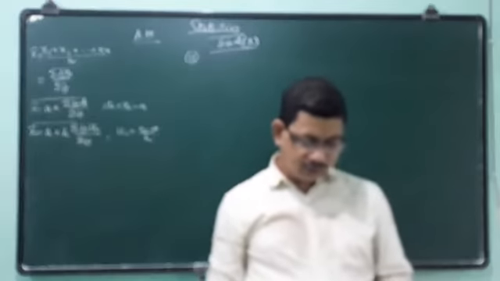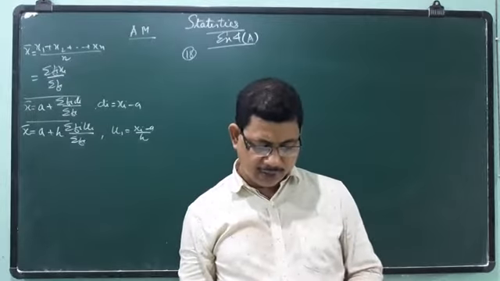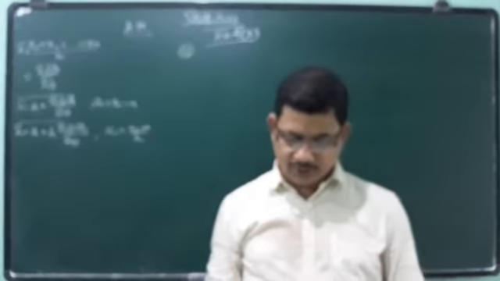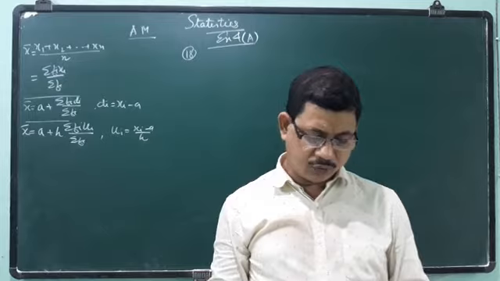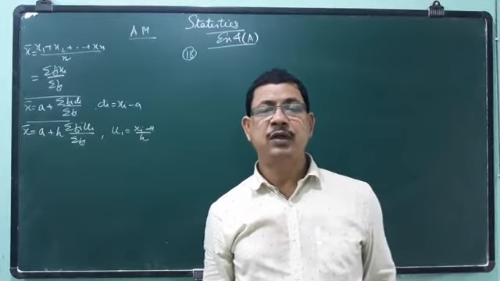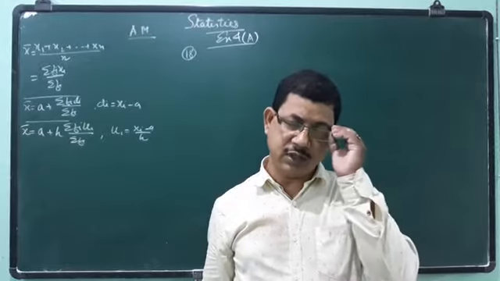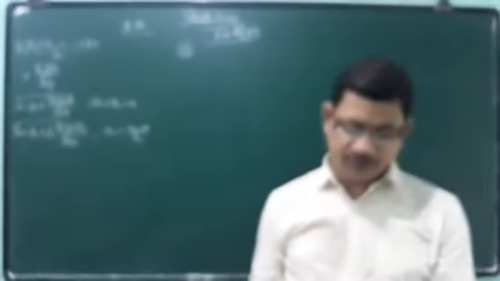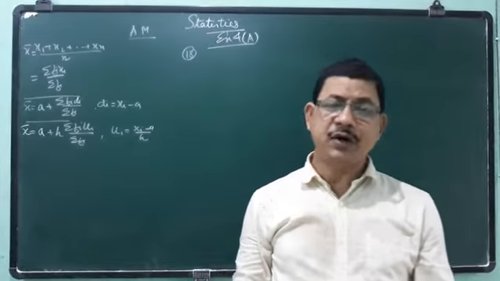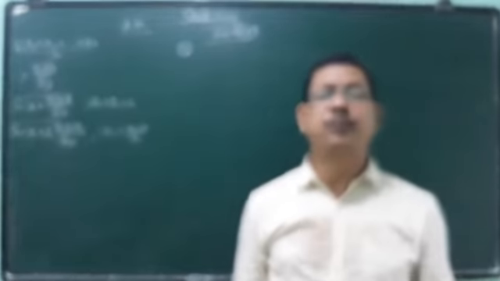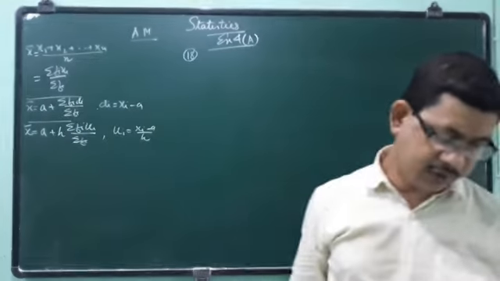The mean annual salaries paid to male and female employees were rupees 520 and rupees 420 respectively. So male and female both persons are there. Determine the percentage of males and females employed by the company. That is what you have to do.